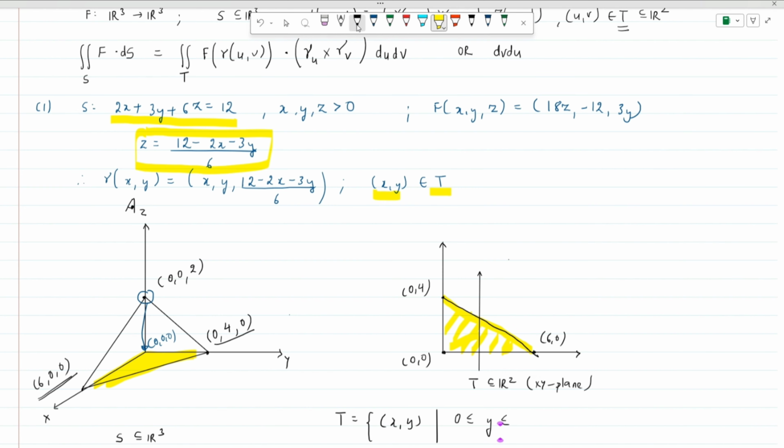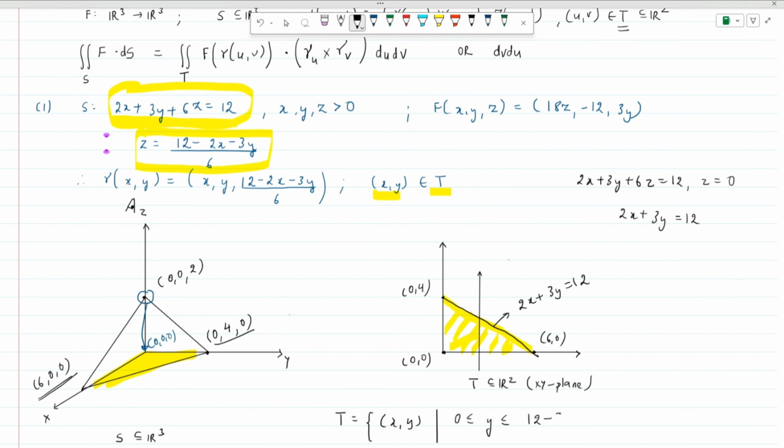The equation of this line, since it is formed by the surface in the xy plane, means that I should be solving 2x plus 3y plus 6z equal to 12 and z equal to 0. And once we do that, we get the equation 2x plus 3y equals 12. So the equation of this line is 2x plus 3y equal to 12. So the upper limit of y is going to be (12 minus 2x) divided by 3.